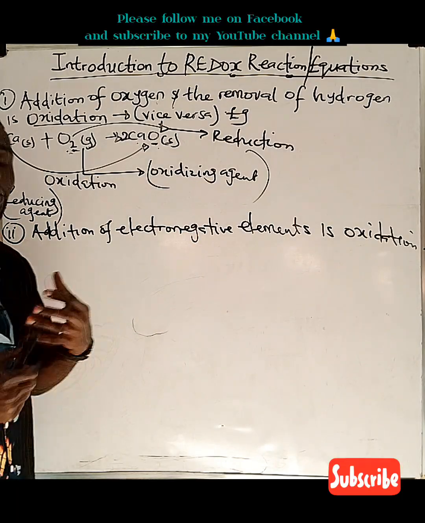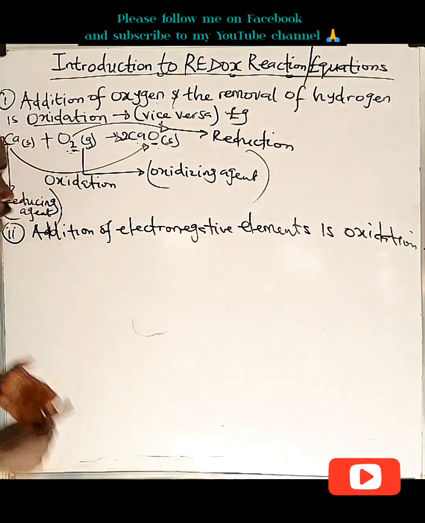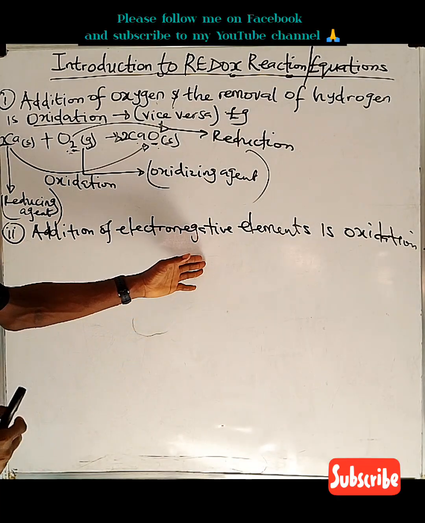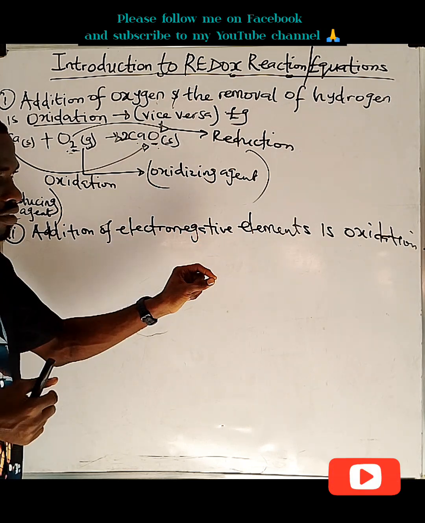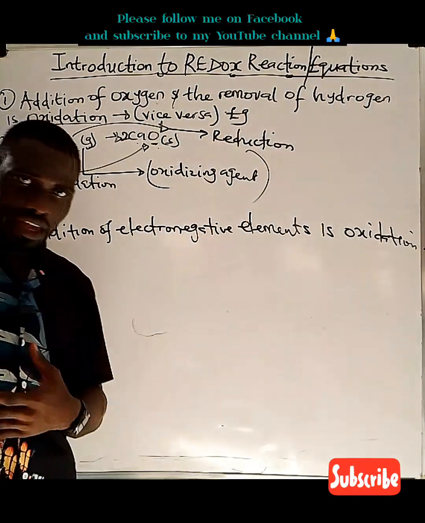So that means when you remove electronegative elements, we call that reduction. Or when you add an electropositive element to a given compound, which is the opposite of this, we also call that reduction. But when you add electronegative elements, such as chlorine, such as oxygen, we are talking about electronegative elements that take in electrons.